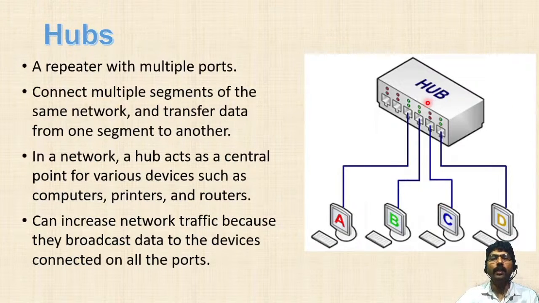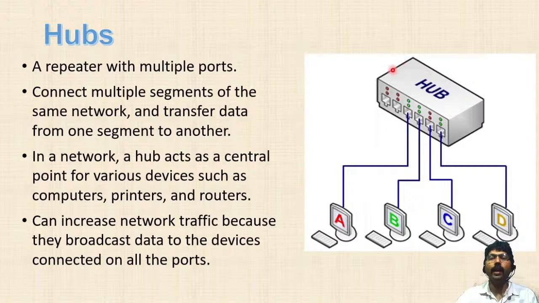The next device is called hubs. These are also repeaters, but they contain multiple ports. They connect multiple segments of the same network and transfer data from one segment to another.